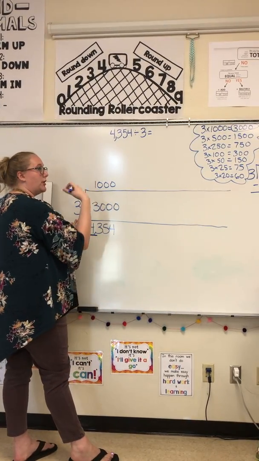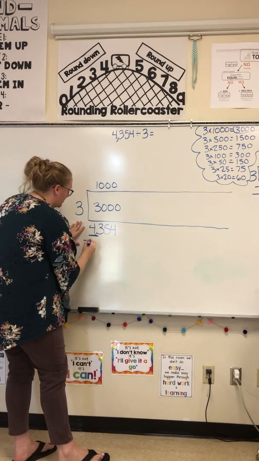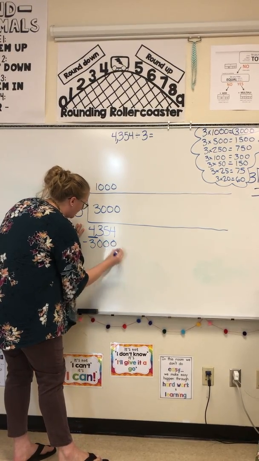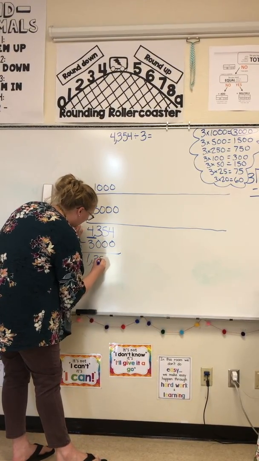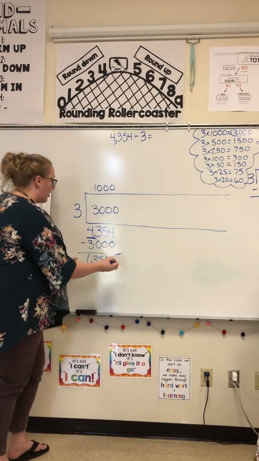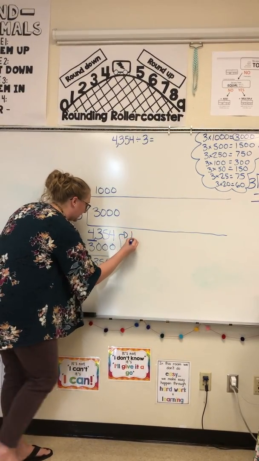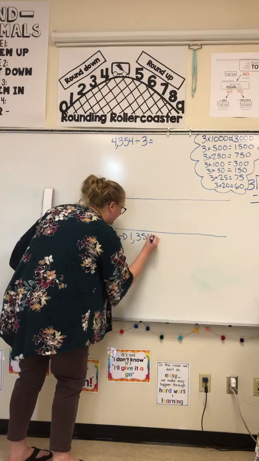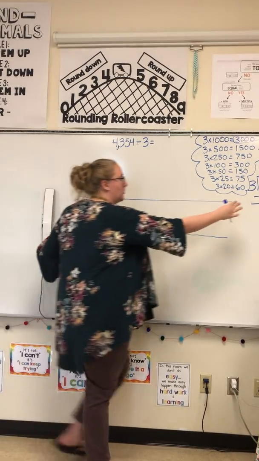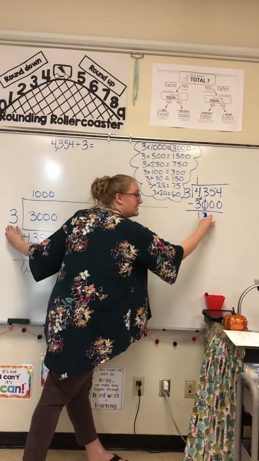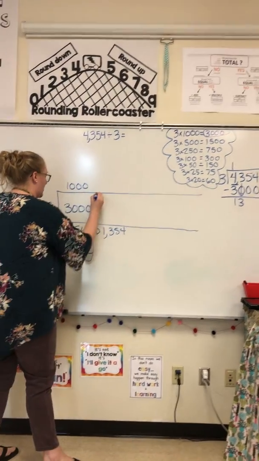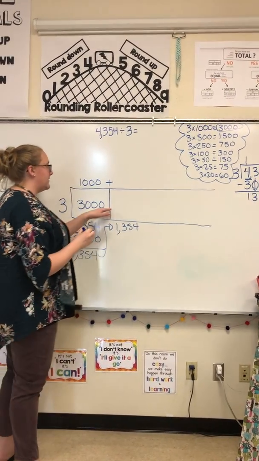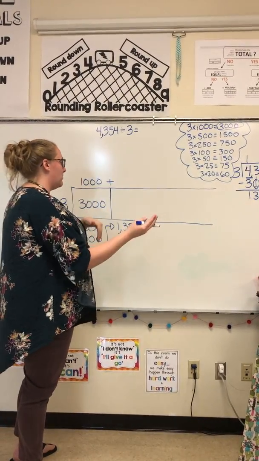This one piece is called our partial quotient. I'll subtract, which now our new problem is 1,354 divided by 3, which is the same thing that's now going on over here. They'll close in their box and we'll move on a step farther.